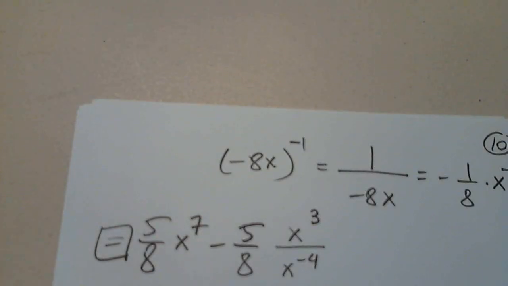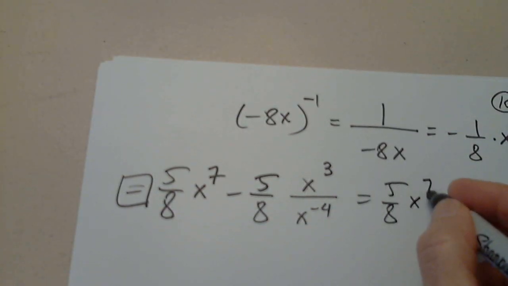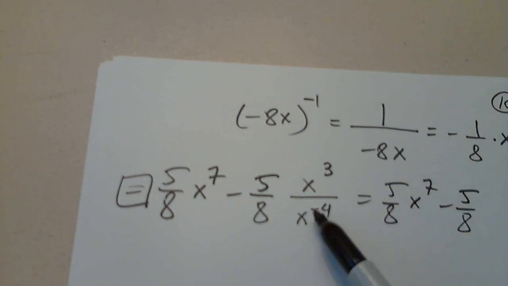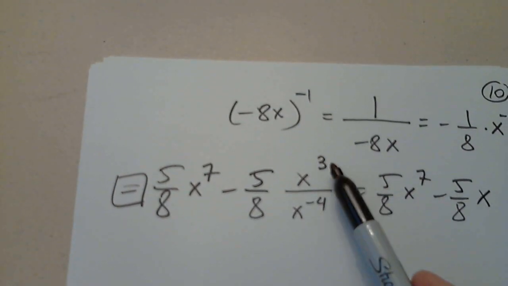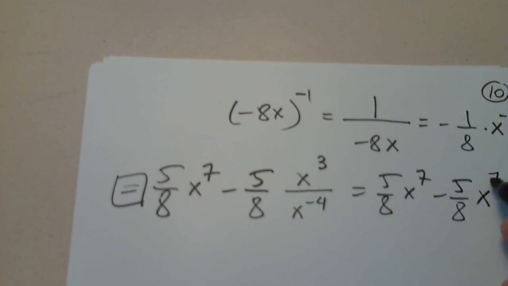Good, looks promising. I copy the first one again, x to the 7th minus 5 over 8. Copy the base and subtract the exponents. From 3, I subtract negative 4. Oh, look at that, very nice, beautiful. So 5 over 8, x to the 7th minus 5 over 8, x to the 7th is nothing.